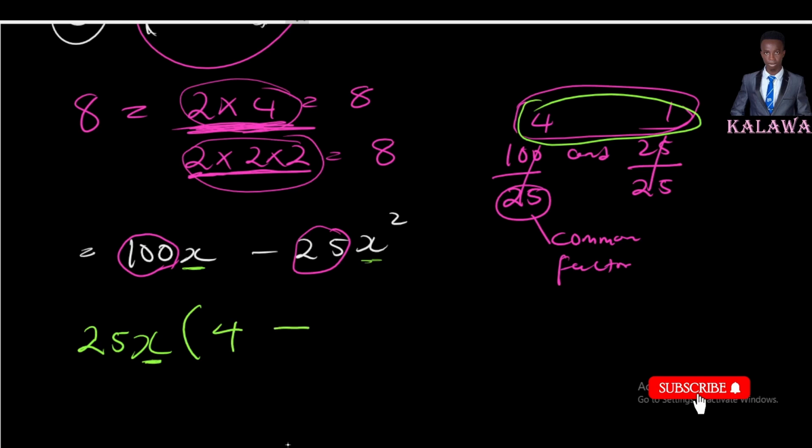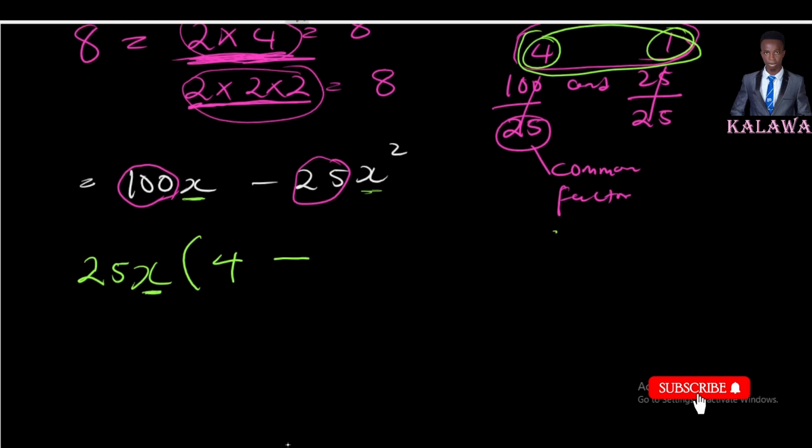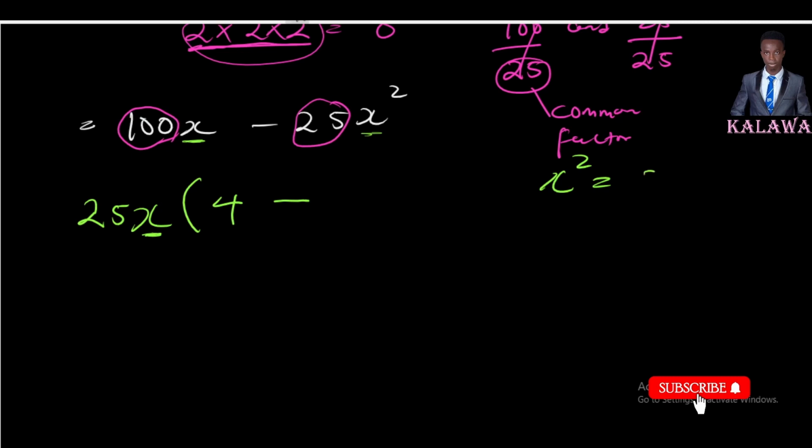Minus this 25 again. So what do we have here? This is 4, right? And we have here 1. So 1 times x squared is supposed to be x squared. But remember, we have x outside. So let me just demonstrate it this way. x squared is simply x times x.